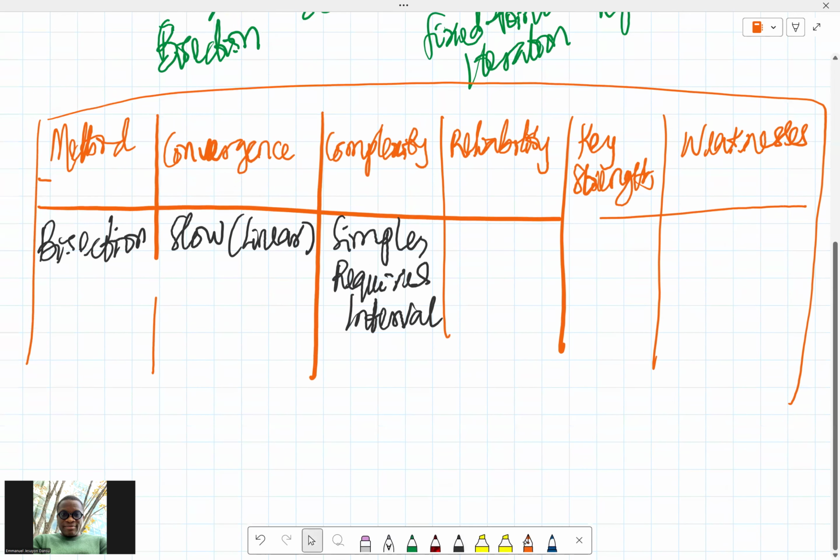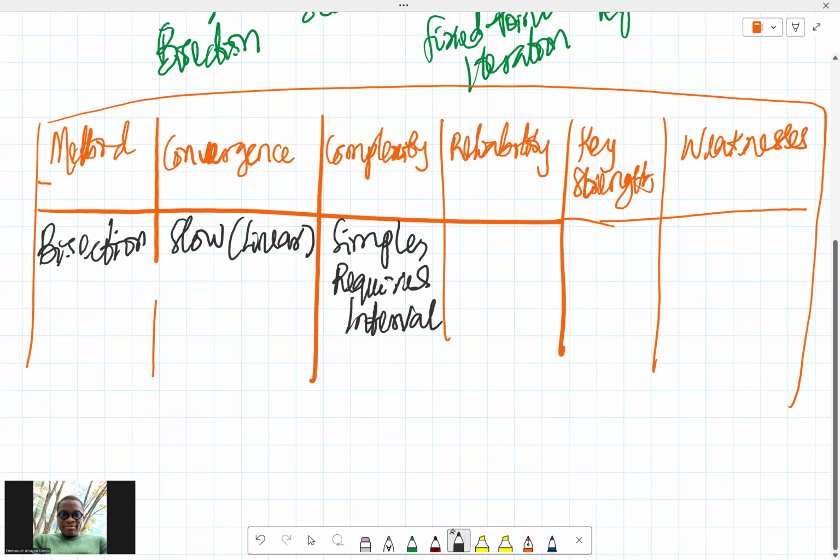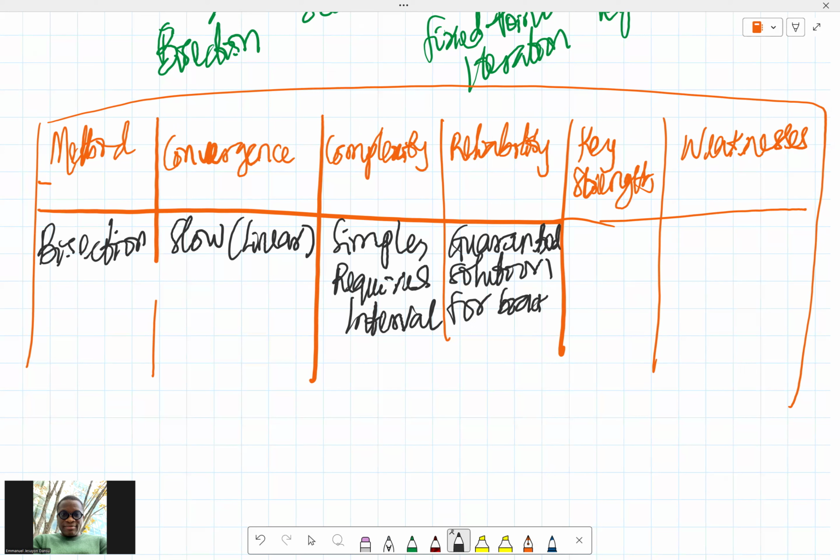Talking about reliability, the solution is guaranteed for bracketed roots. Once you check and you're sure the solution lies within the interval, you're guaranteed to find a result.